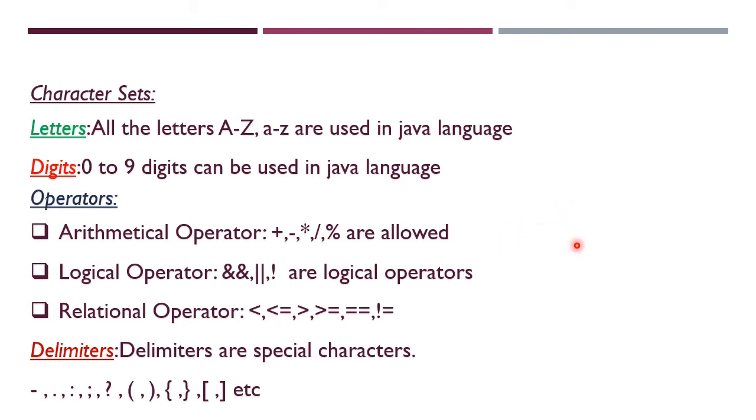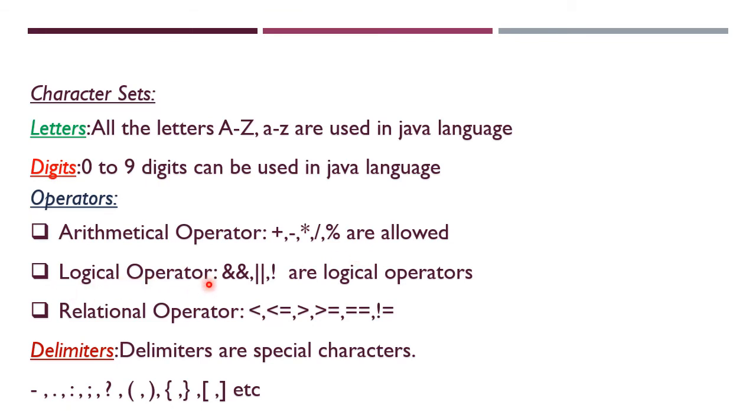So 3 will be divided by 2. What will be the remainder here? When 3 is divided by 2, you will get 1 as the remainder. So 3 modulus 2 gives the remainder 1. These are the arithmetic operators used in Java.